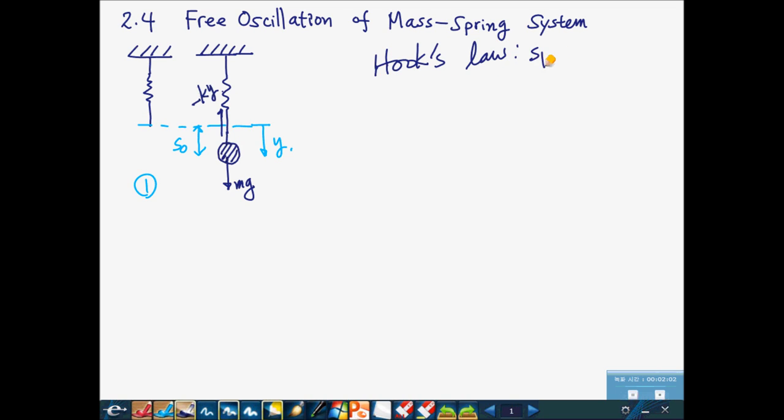The spring force, which is minus ky. Okay, that's the second state. Our third state is this.